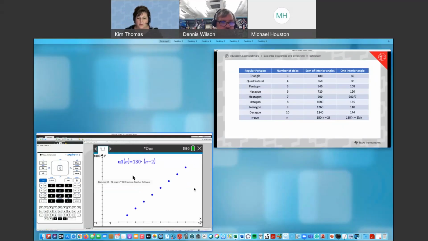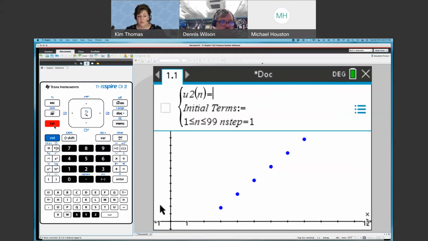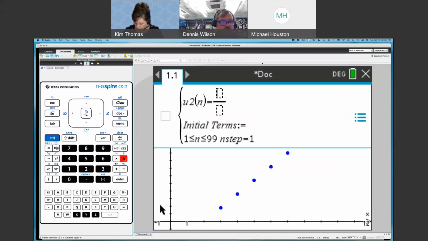So I'm going to go back to my plot here, and on the Nspire, I'm going to just press tab. And so there's my u2. And I could do this a bunch of different ways, but I'm going to just kind of do it directly. So I'm going to use that control divide to get my fraction here.